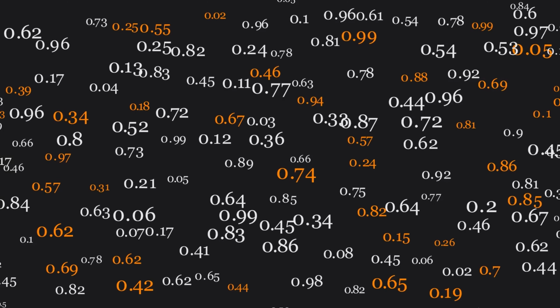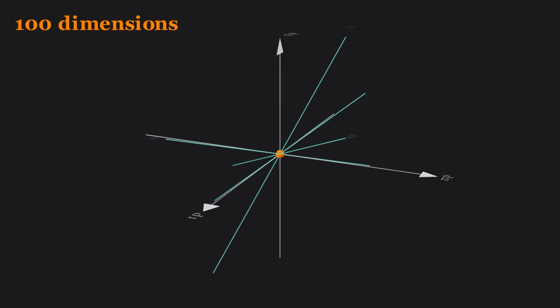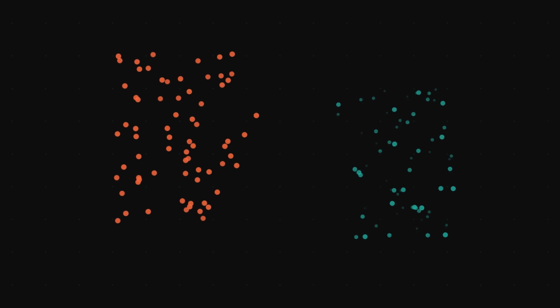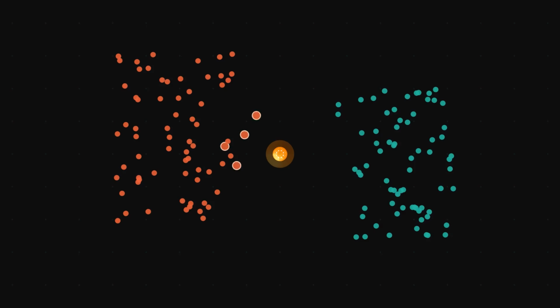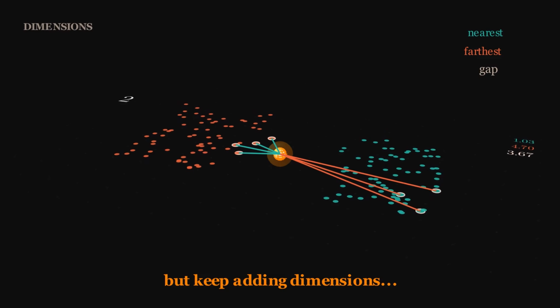A song isn't just one number, it's hundreds. Tempo, energy, mood, danceability, genre signals. Every song becomes a point in a space with hundreds of dimensions. In 2 dimensions, distance feels normal. Some points are close, others are far away. But keep adding dimensions, and something strange happens.